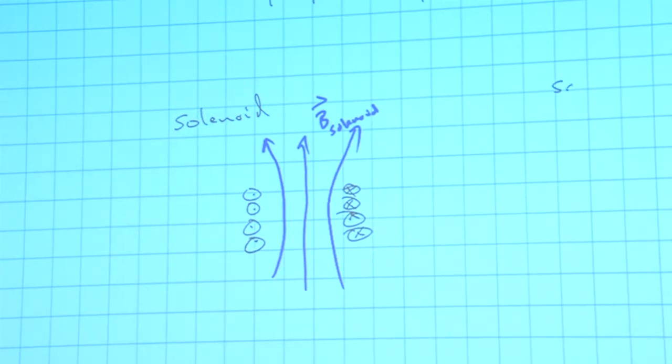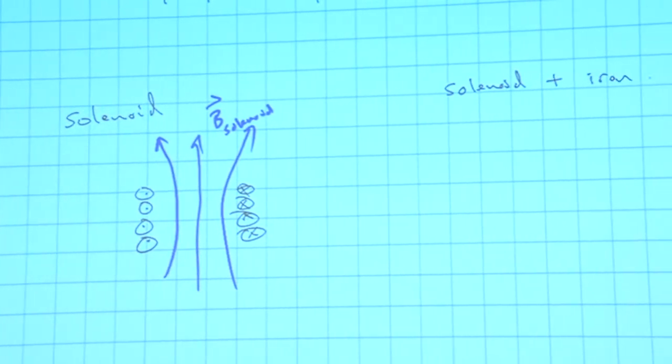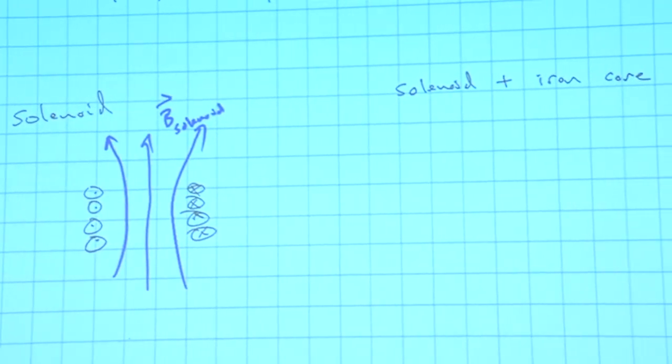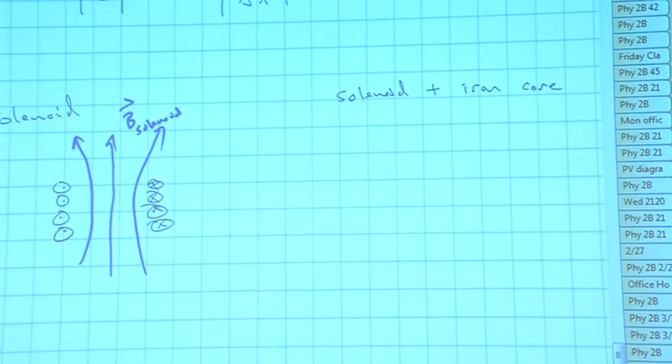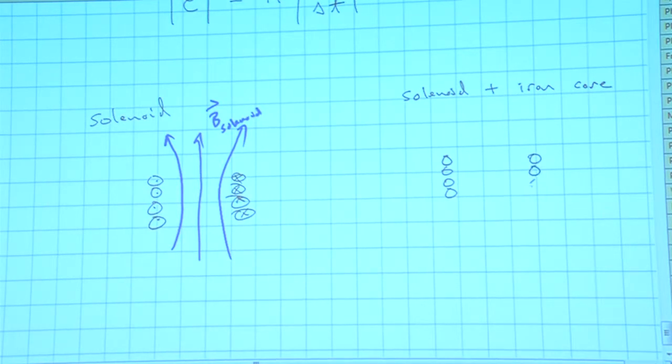Now, if we do this, solenoid plus iron core, then what do we have? We've got our 4 loops from the solenoid. And so the solenoid, and then we have an iron core in here. The solenoid creates its own magnetic field, right?